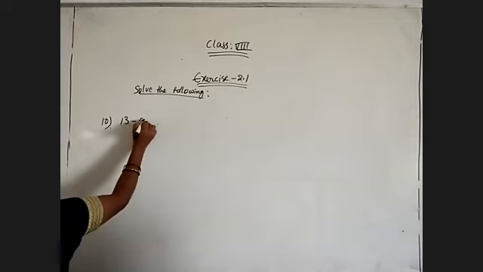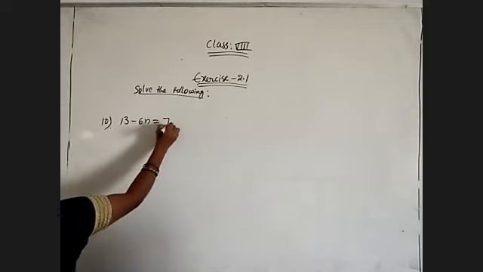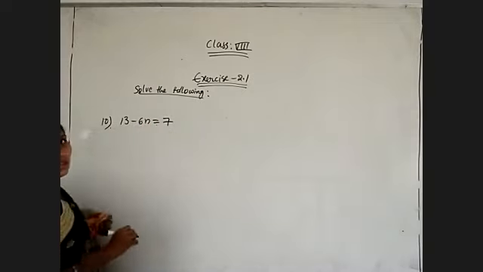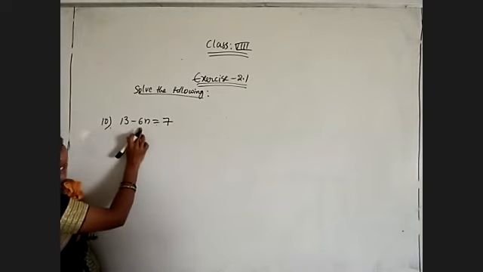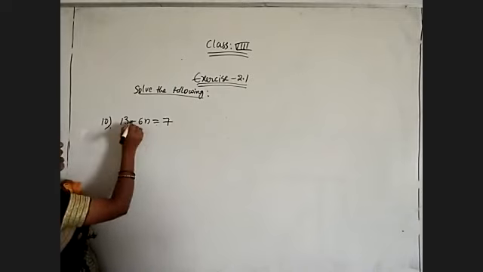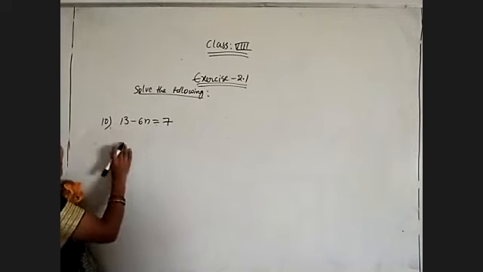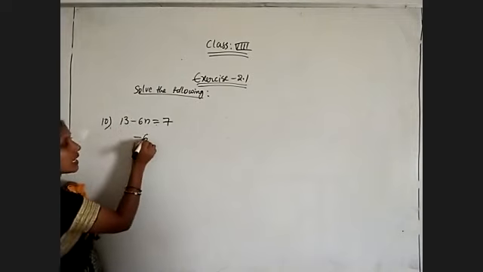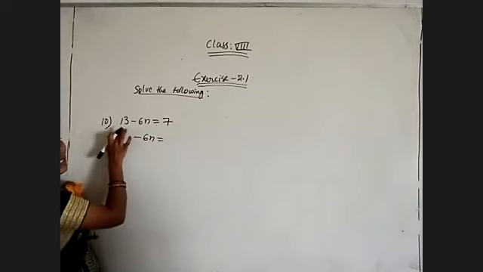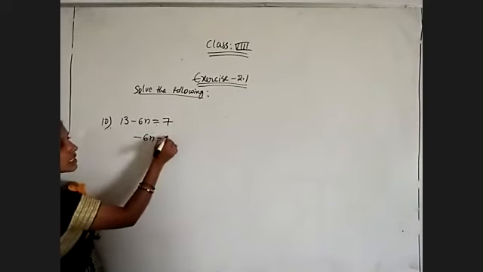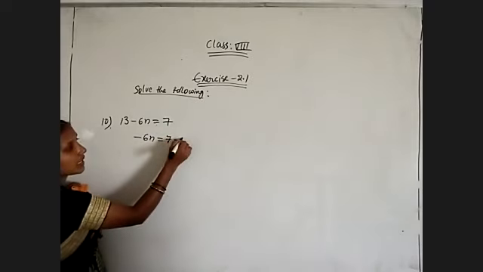13 minus 6n is equal to 7. Here we have minus 6n. First of all, we want a plus value. Okay, leave it, afterwards we will do. Minus 6n keep here only. What is the extra number? 13, plus 13. Bring this side: 7 minus 13.